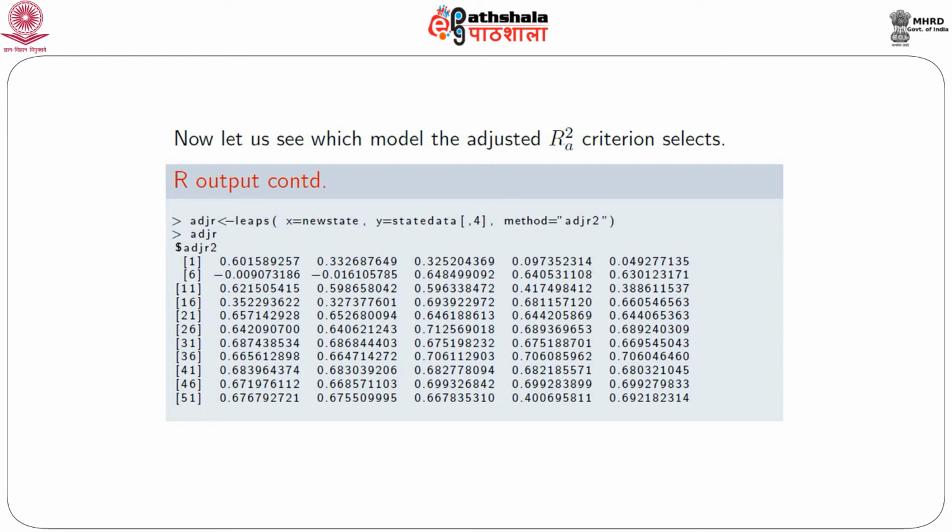However, corresponding to the first model, the CP is 16.12. So, CP is not very close to P, and this is not a very good model. The reader can go from each value of CP and compare it with the corresponding model and see in which case the number of predictors in the model is very close to the CP obtained for that particular model, and that model will be considered the best model.